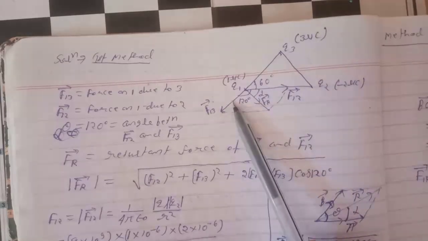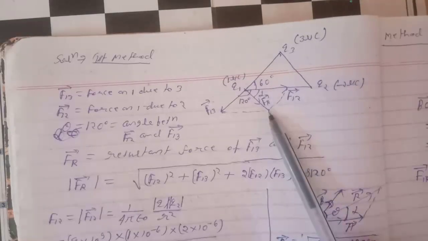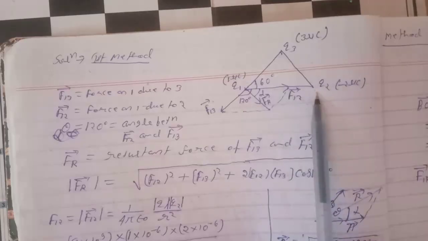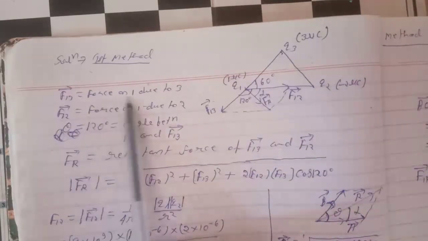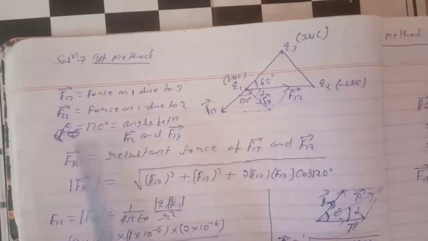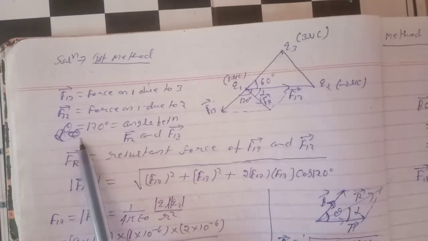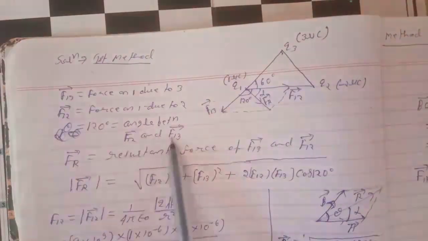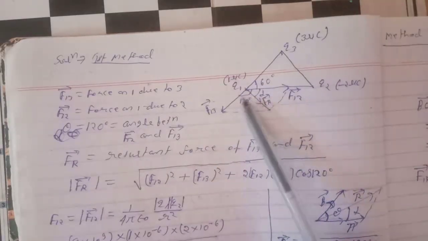The resultant of these two forces will be in this direction, Fr. So first we have to calculate F13 and F12, and then the resultant Fr. F13 is the force on 1 due to 3, F12 vector is the force on 1 due to 2, and 120 degrees is the angle between F12 and F13. This is because this is 60 degrees, so this will be 120 degrees.